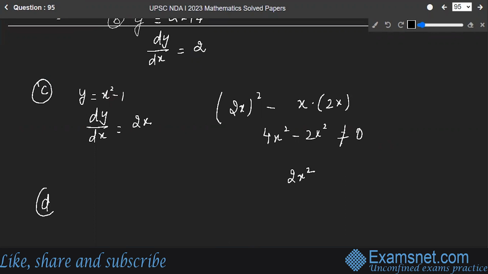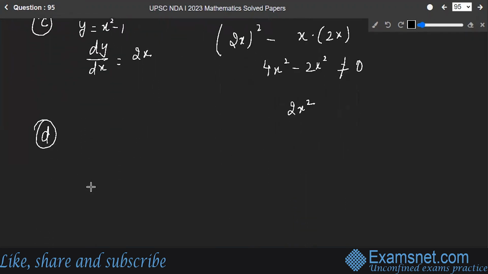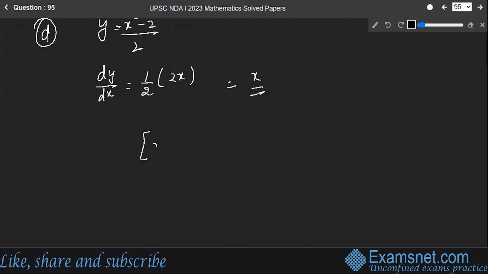Now let's go for the last option, D. This is y is equal to x square minus 2 upon 2. So dy by dx is equal to 1 by 2 into 2x, that is equal to x itself. Now let's fill it into the differential equation, which makes it x square minus x into x.